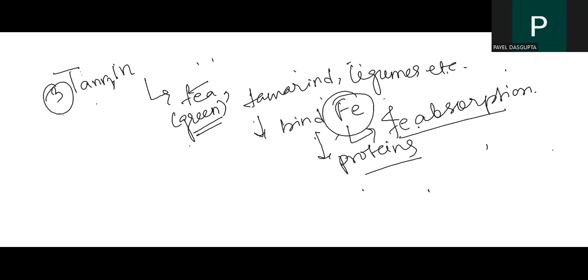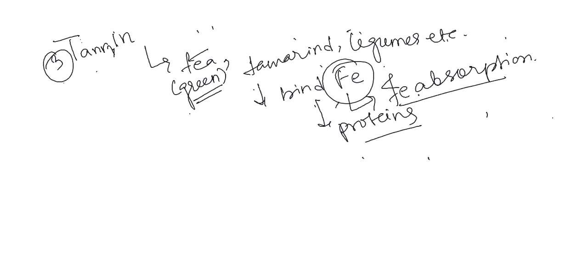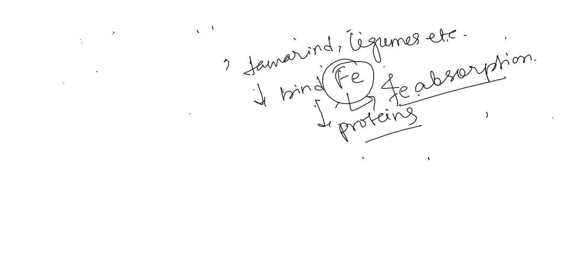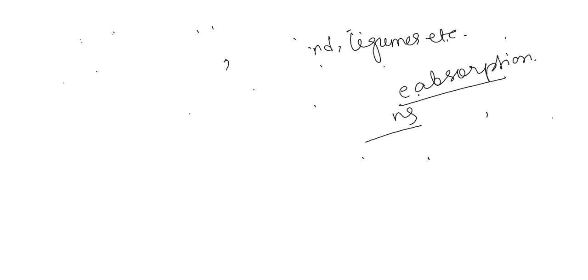You can understand why this is given in this manner. If we are asked a question like, which anti-nutritional factor is present in tea, or which anti-nutritional factor binds with iron and reduces iron absorption, the immediate answer you will go with is tannin. So this is the idea of taking it in a crisp manner, the probable points you should remember.